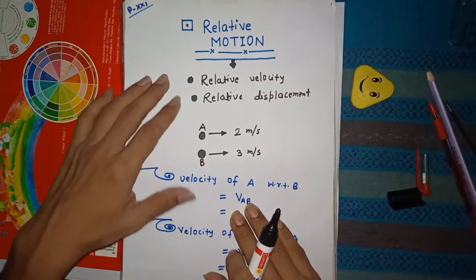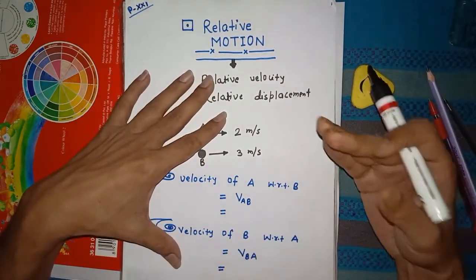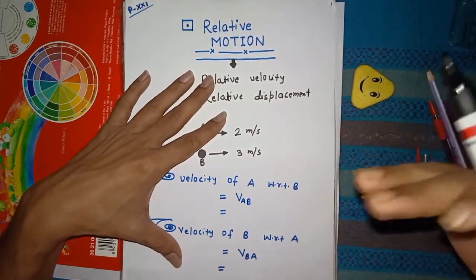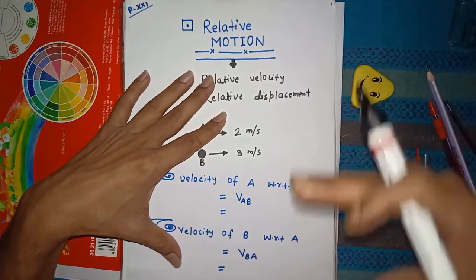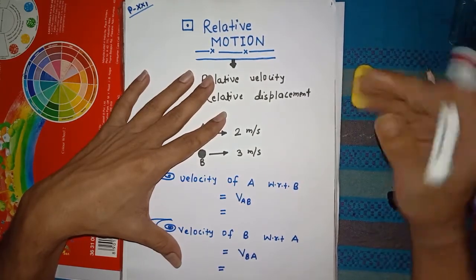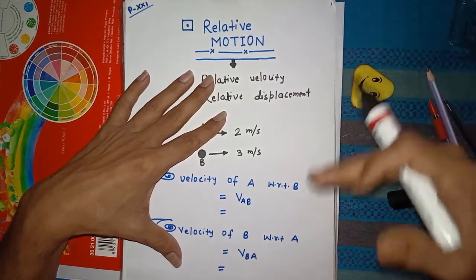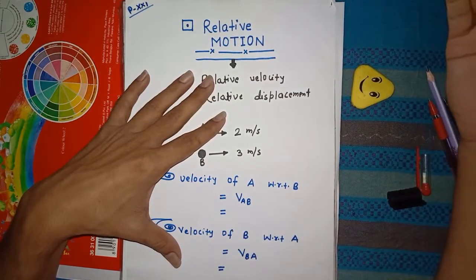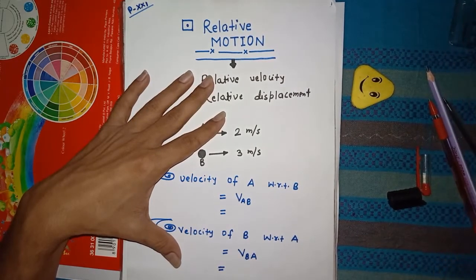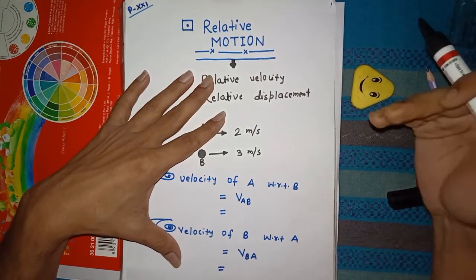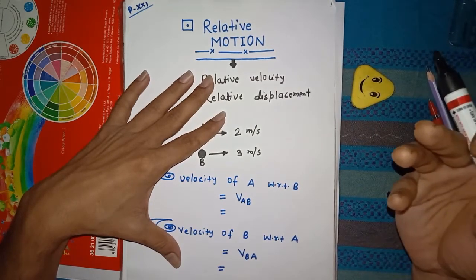So how can you find out the velocity, or the magnitude of velocity, in this case? Let's say your train is standing there and the other train is moving with 5 meters per second in the north direction. What do you perceive?